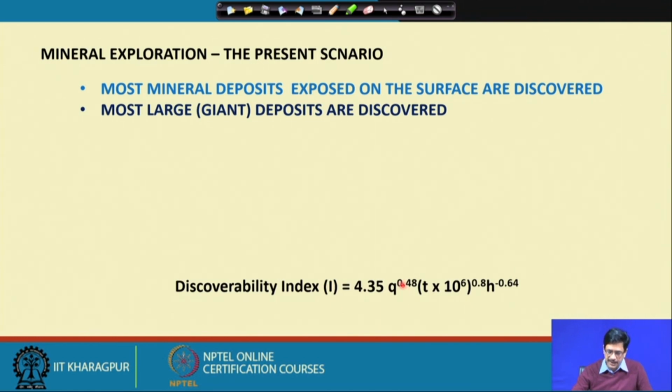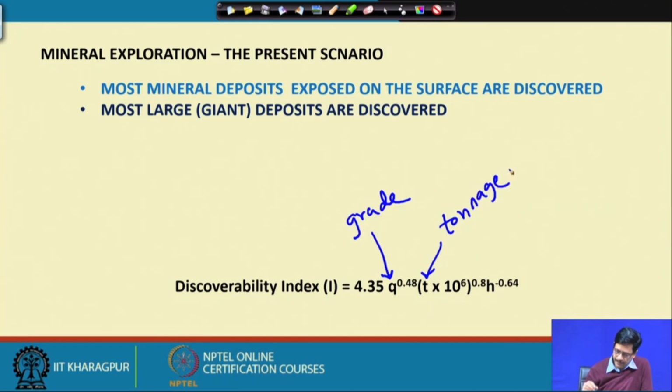Here the parameters are Q is the grade, T is the tonnage, and H is the depth from surface, let us say depth of occurrence.